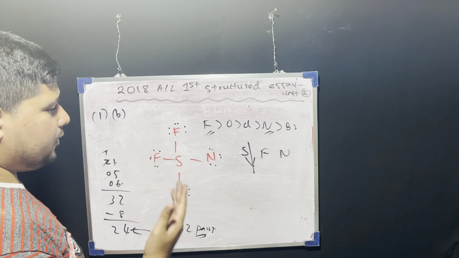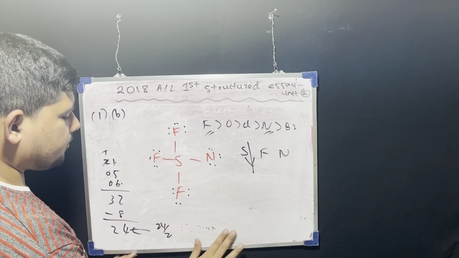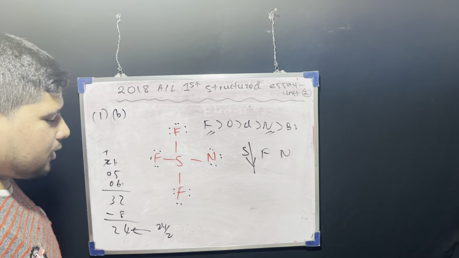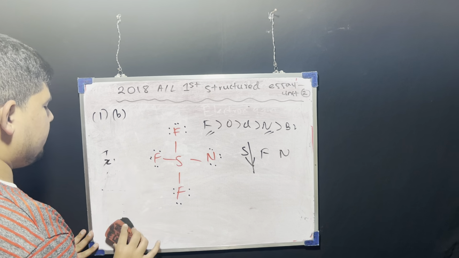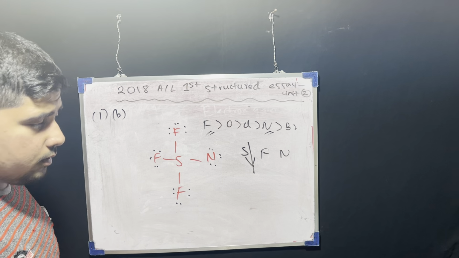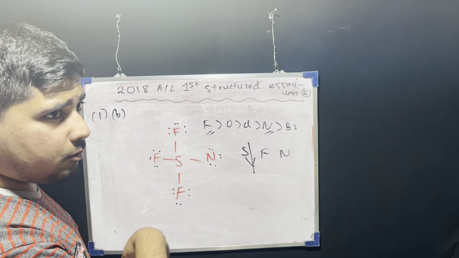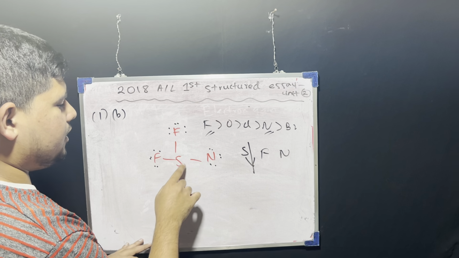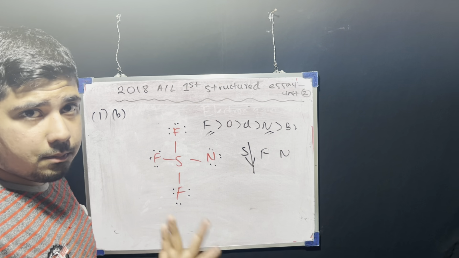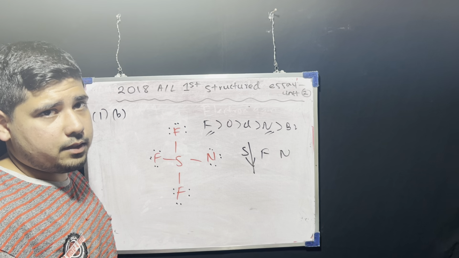Now we should see whether the octet is completed. For the terminal atoms, the octet is completed. You see the central atom. For sulfur also, the octet is completed.